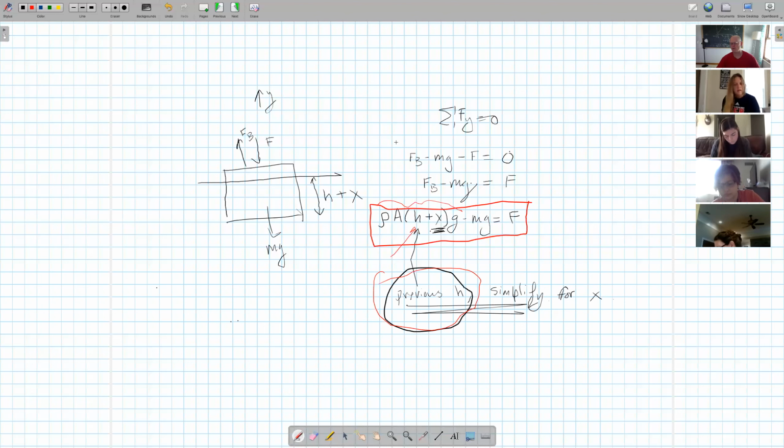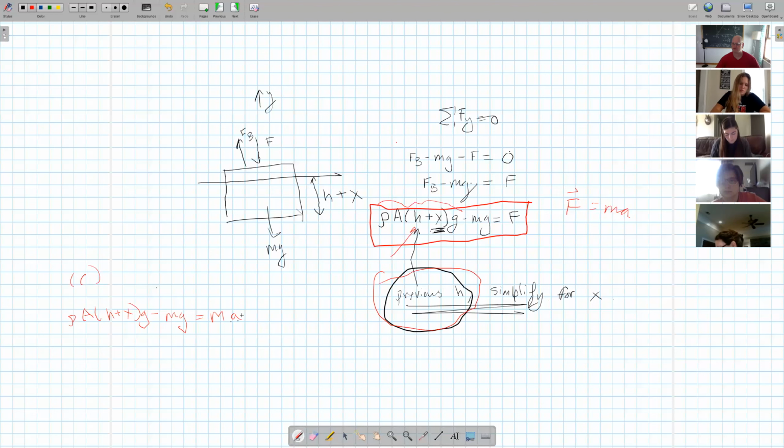So what you're going to do in part C is start off with this expression that I've highlighted, but you're going to say F is now equal to MA. That's the only thing you're going to do. So for part C, you still start off with rho times A times H plus X times G minus mg, now equal to ma.